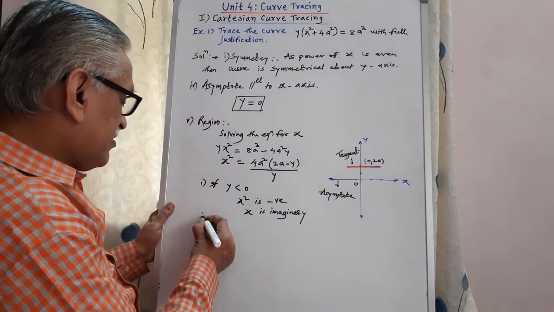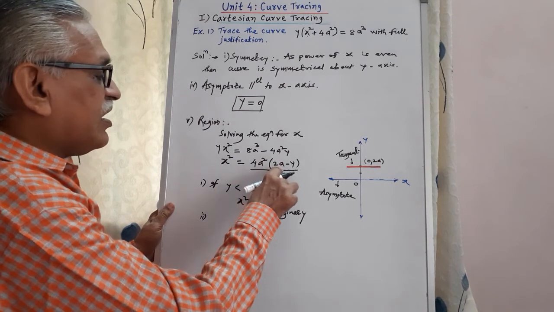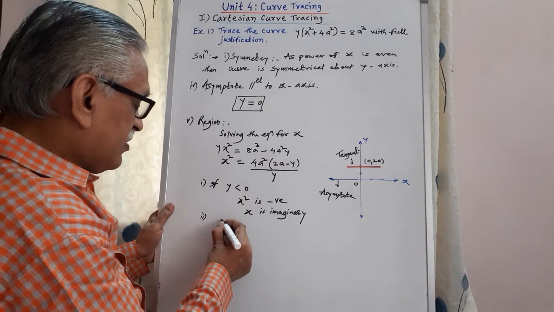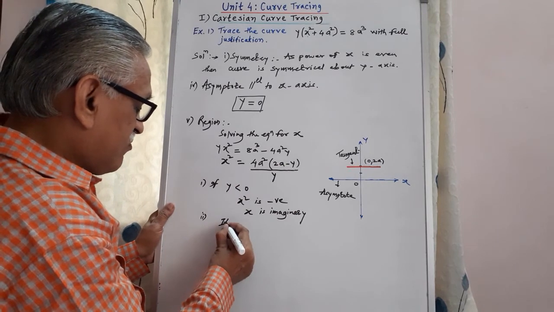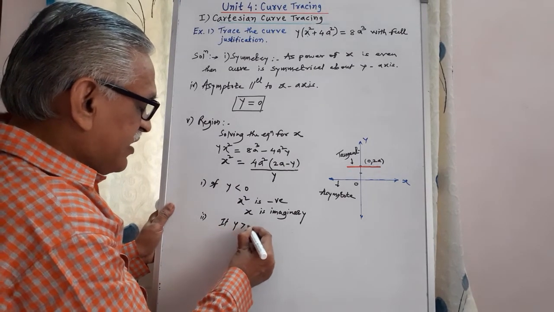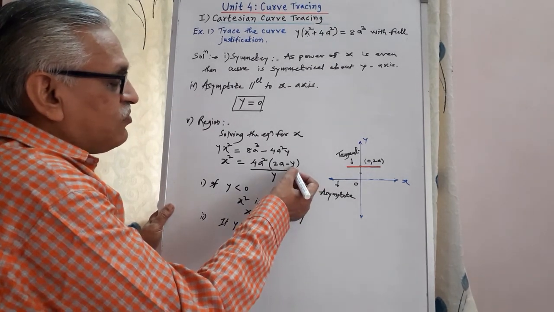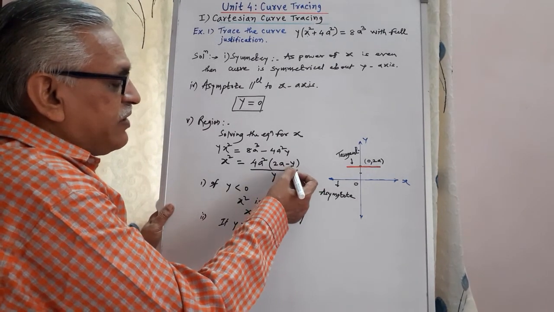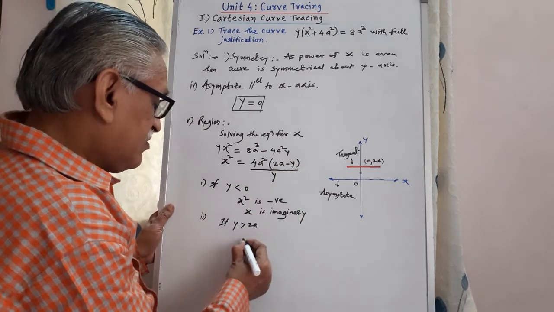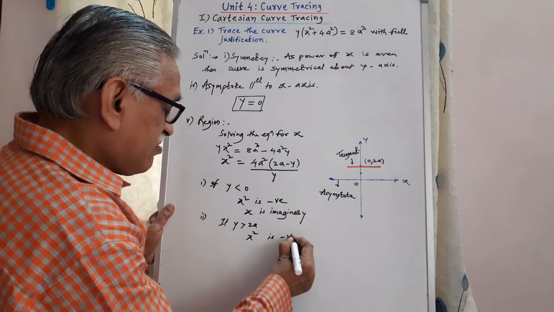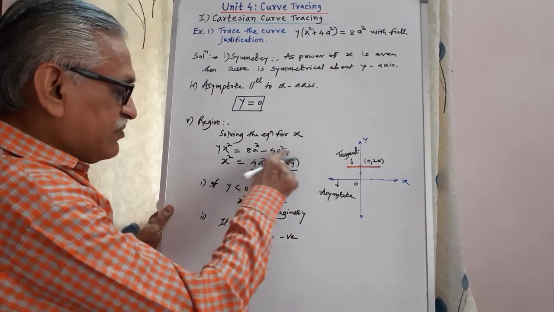And second, another point is there, 2a minus y. From this we get, if y is greater than 2a, suppose 3a, 4a like this. If we put y equals 3a, suppose 2a minus 3a, once again x square is negative.